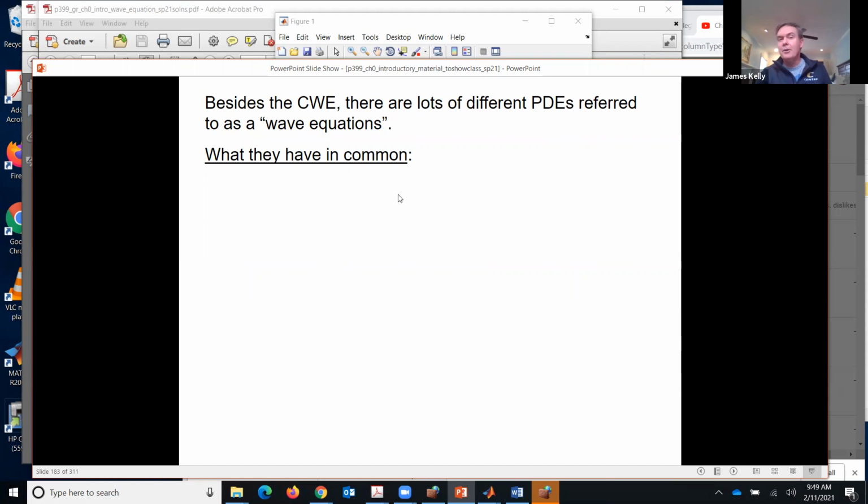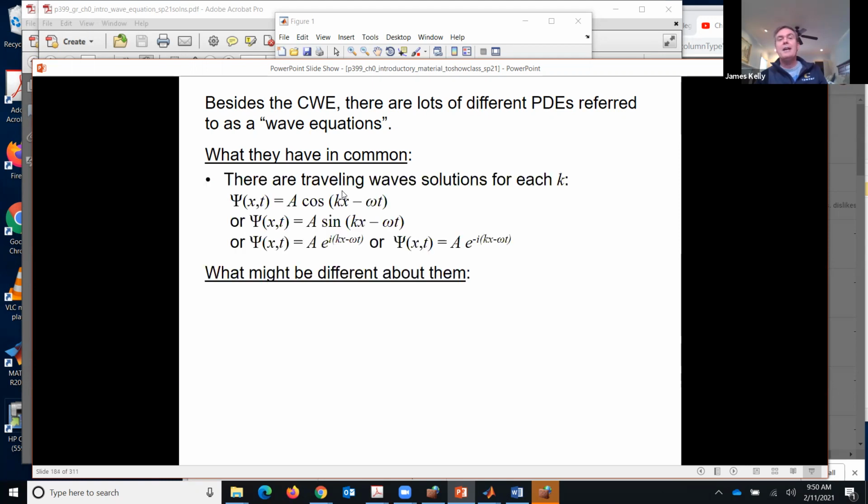Okay, so let's go on where we want to make a connection now with the Schrodinger equation. We know it's a kind of wave equation, or at least de Broglie was the one who said it had wave-like solutions that we could think of. There are lots of PDEs referred to as wave equations. What they have in common is that they've got to have traveling wave solutions for each wavelength or for each wave number.